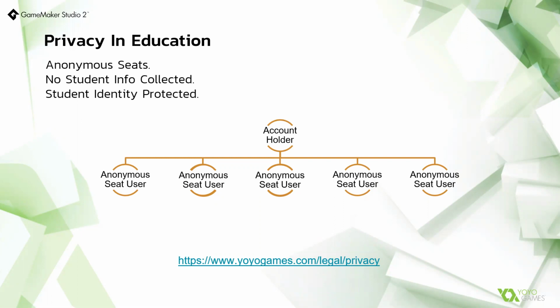There is more information in our privacy policy, and there's a specific section about how it applies to education. If you click on that link, you'll see the education section. The education section is slightly different because we have seats for education. We don't use those in our consumer licenses. So the education side of things is, as I say, completely anonymous.